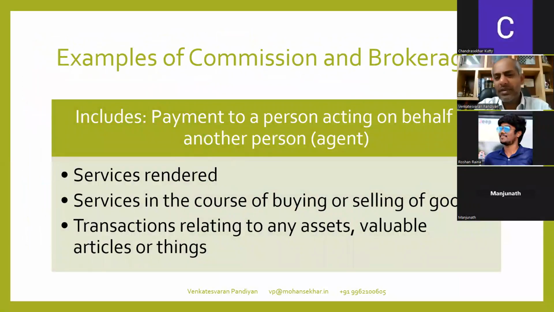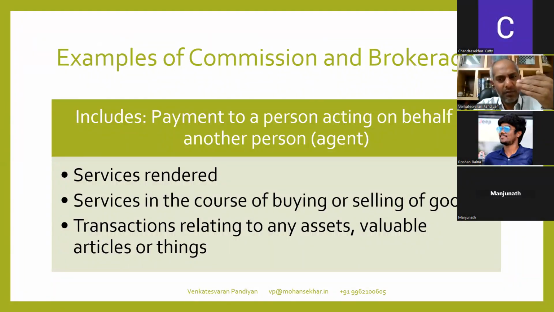So what is commission and brokerage? Any payment to a person acting on behalf of another person. So what does it mean? Actually, it is an agent. So when a payment is made to a person who is acting on your behalf, who is your agent, then the provisions of this section get applicable. And for what services?